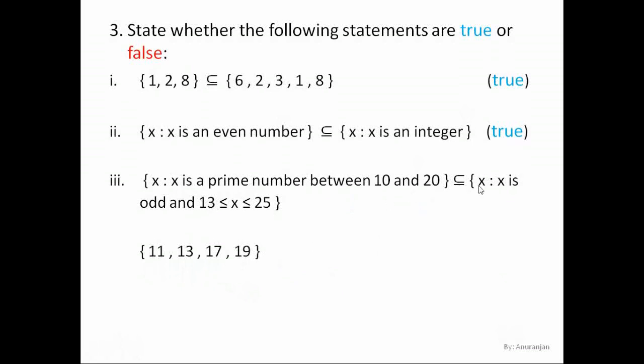Now they have mentioned that it is a subset of this set. So x is odd, so these are the odd numbers, and x is greater than or equal to 13 and less than or equal to 25. So 13 will be included. So 13, then 15, 17, 19 up to 25. So we got the elements of the first set and the second set.